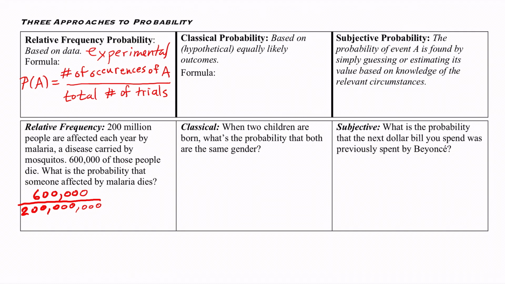Classical probability looks at the sample space to determine how likely an event is to occur.